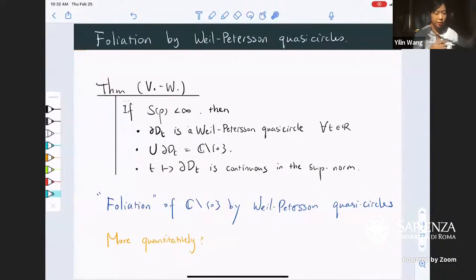All right, so this is already showing you some duality. Weil-Petersson quasicircles are exactly the curves with finite Loewner energy. And now they arise naturally from this evolution of measures with finite Loewner-Kufarev energy.